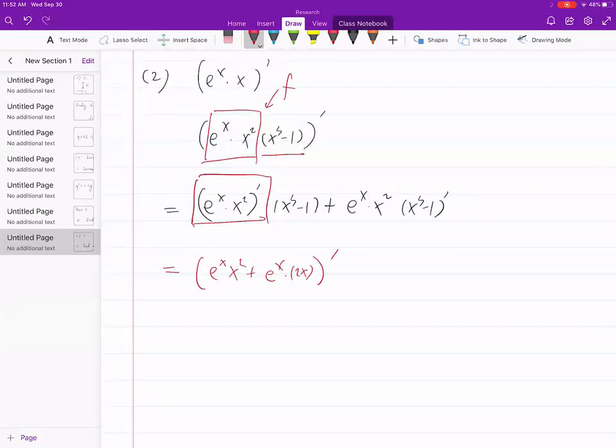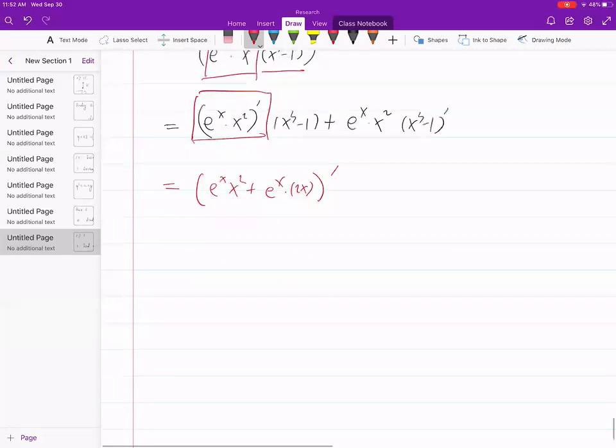Sounds good? So when you see a lot of things multiplied together, you can first assume this is my one function, this is the second function, but then later, this is actually 2 functions, so I do product rule again. You can decompose them until you reach every single function, where you have to apply the product rule multiple times. Sounds good?